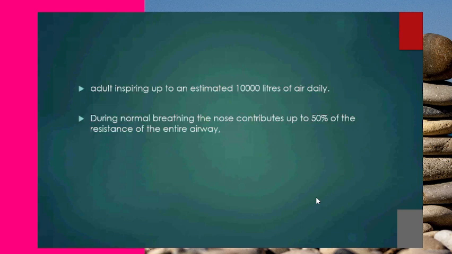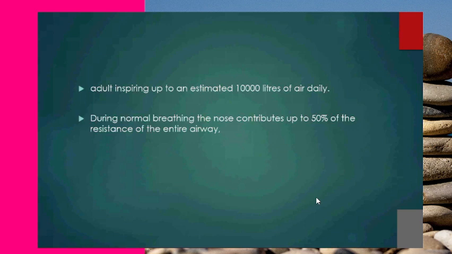Okay, and the corresponding area of the floor of the nasal cavity. So this is the narrowest part of the nasal cavity, or the upper airway, before the glottis. Okay, this is the narrowest part.